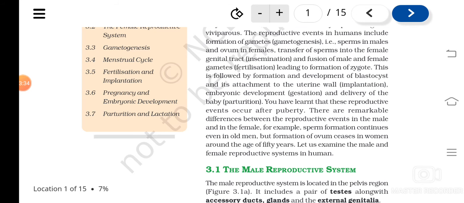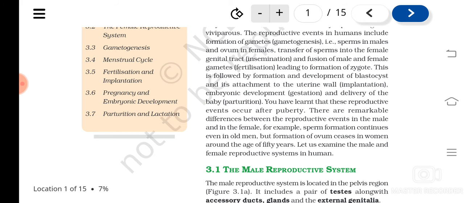All these events can take place only after a person attains puberty, isn't it? When you are in the adolescent stage, only then does this process start in a human being, whether male or female. The events taking place in males and females are entirely different.